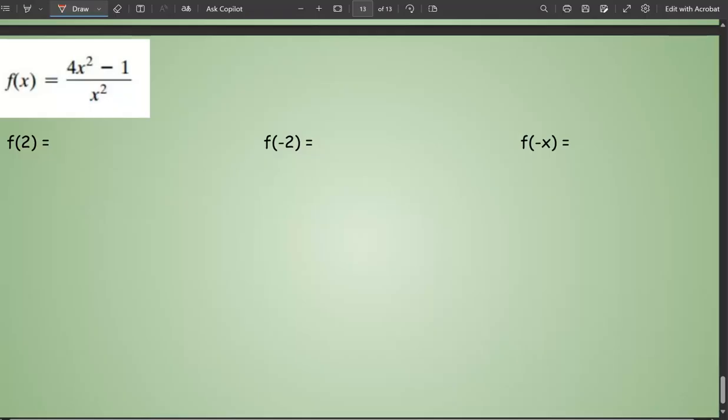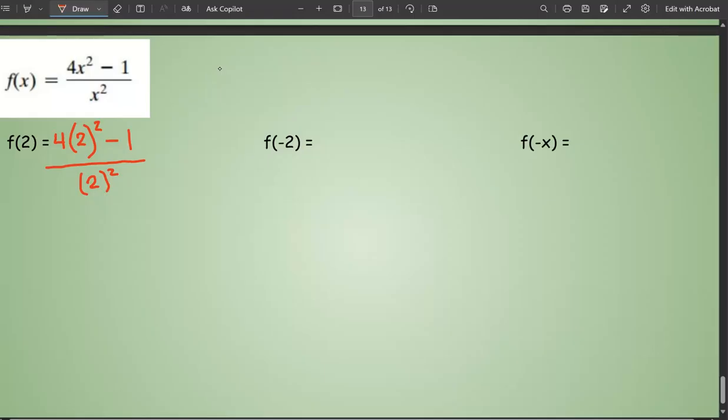Here we have a rational equation, which just means it's a fraction. But nothing changes. I'm still going to replace every single x with a 2. So 4 times 2 squared minus 1, divided by 2 squared.